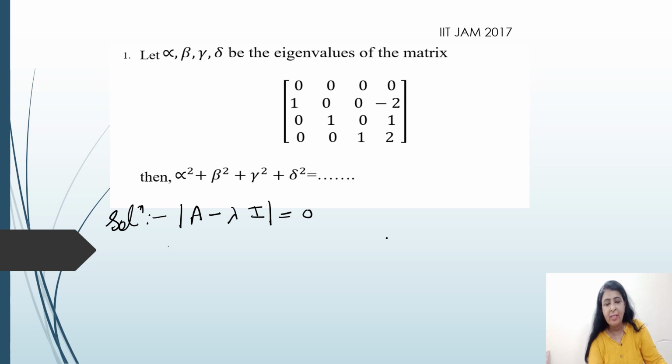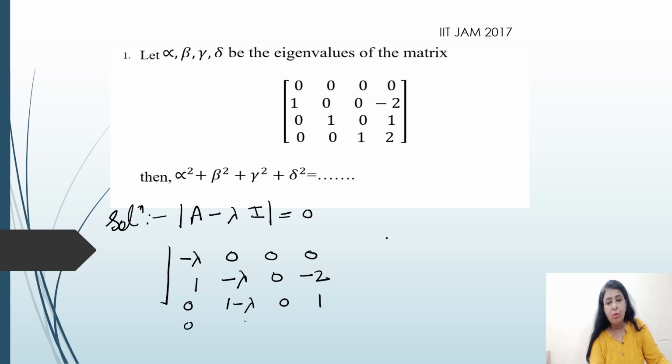So we will write the entries of A as minus lambda, 0, 0, 0, then 1 minus lambda, 0, minus 2, 0, 1 minus lambda, 0, 1, 0, 0, 1, 2 minus lambda. So this is the determinant which is equal to 0.